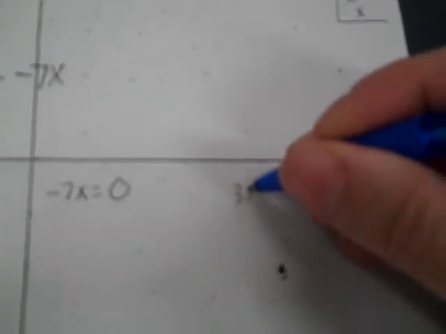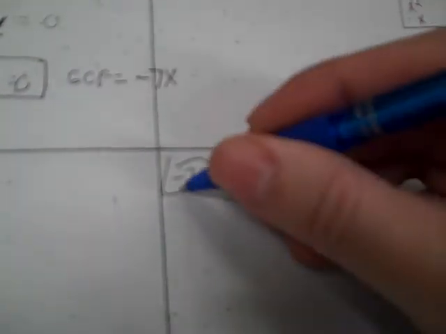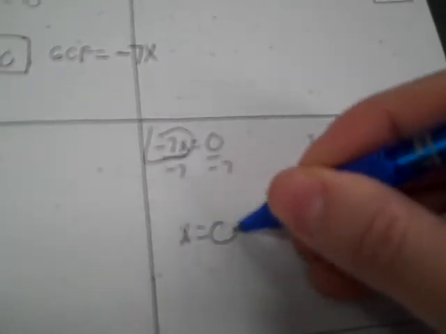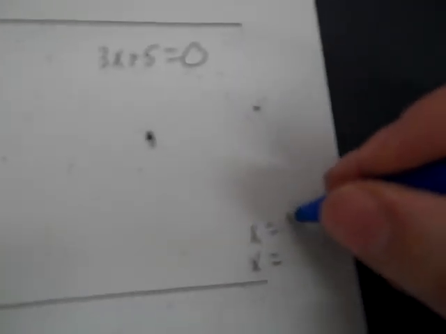Set that equal to 0. And F2 is 3x plus 5. So negative 7 times x equals 0. Well, all you got to do is divide by negative 7, and x is 0. Okay, then I've got 3 times x, but there's a 5 being added, so I need to subtract 5 from both sides.